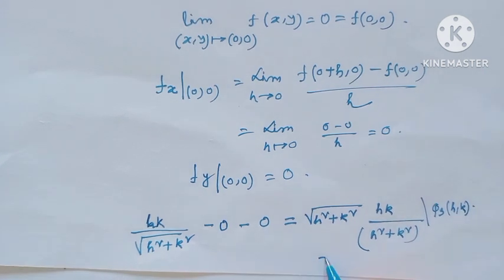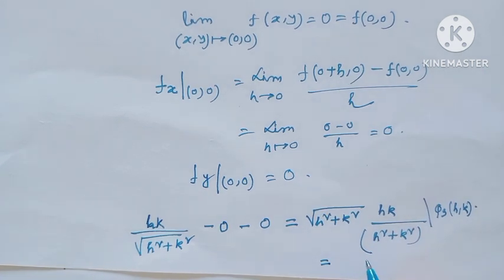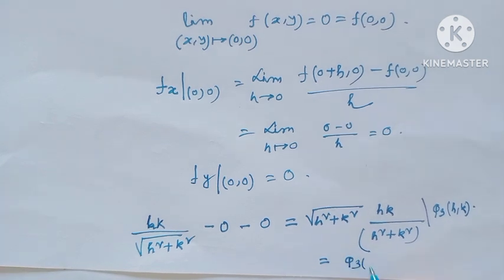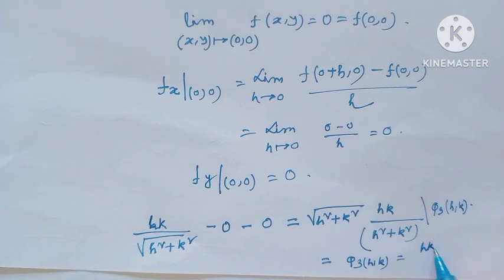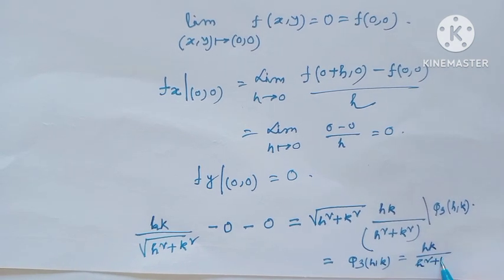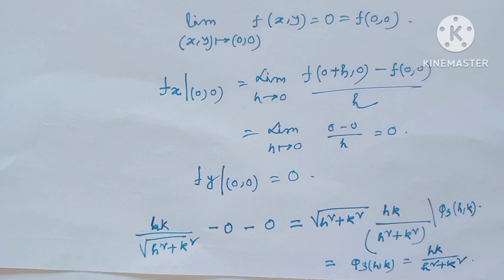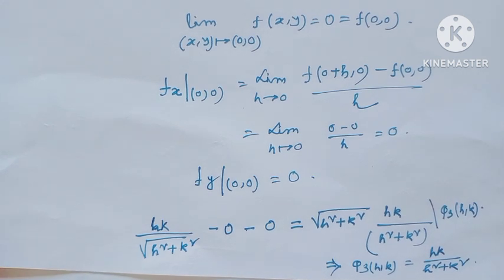Here phi 3(h,k) equals hk divided by h squared plus k squared. We have to prove that as (h,k) tends to (0,0), this value goes to 0.